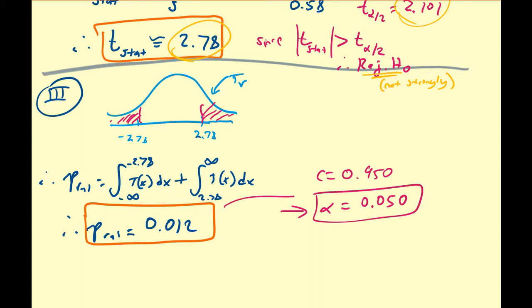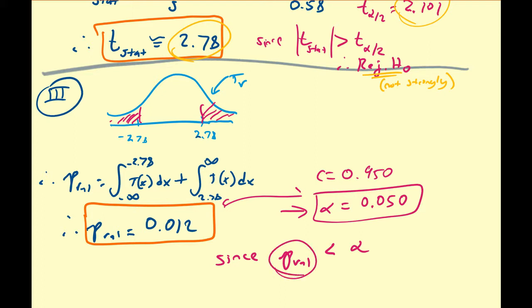I'm going to compare these two values, and which is smaller here? The p-value is smaller than the alpha value of 0.05.